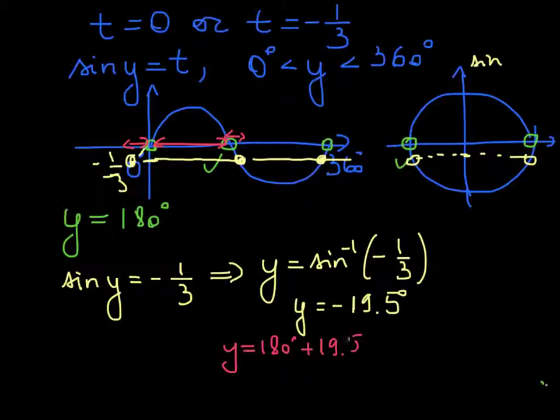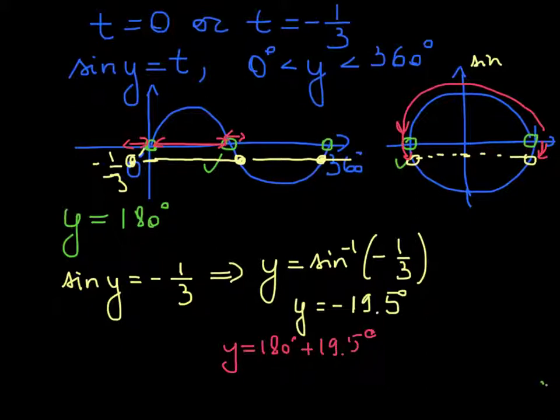That's the first answer. I'm just trying to give you two different methods. If I look at the unit circle and I start from 0, this one is negative 19.5, but I need to go in the positive direction to find my first solution. So I'm going to go 180 degrees plus 19.5 degrees, same answer.